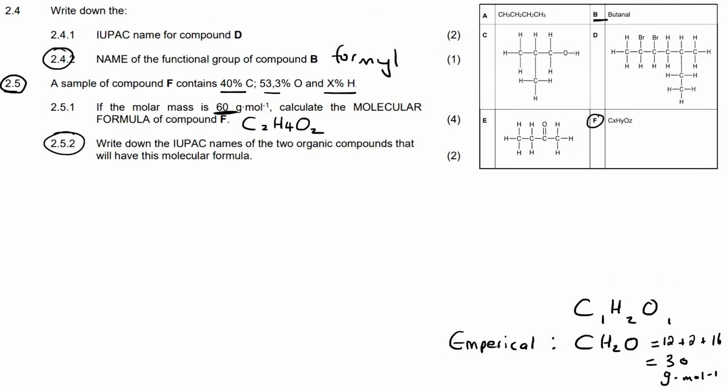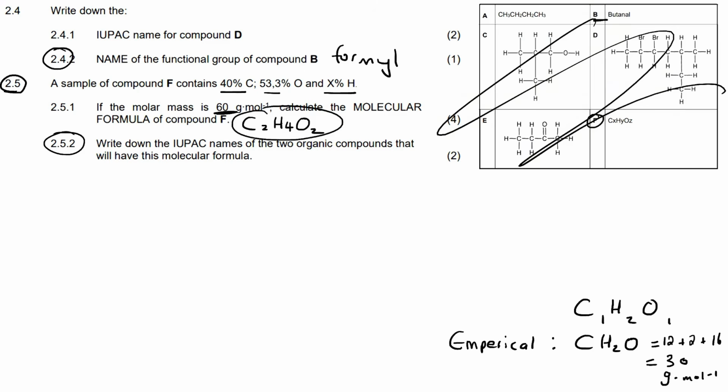This one says, write down the IUPAC name of the 2 organic compounds that will have this molecular formula. Okay, so it's not from the table. C2H4O2. Okay, so that could be something like, okay, it's going to have 2 oxygens.